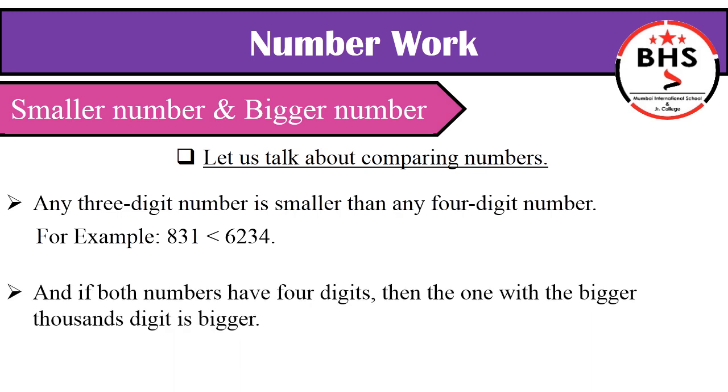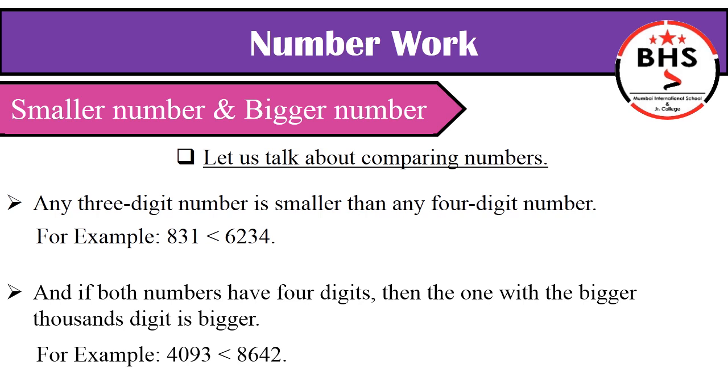And if both numbers have 4 digits, then the one with the bigger thousands digit is bigger. For example, here 4093 and 8642 both are 4-digit numbers. So, to find which number is a bigger number and which number is a smaller number, we'll compare the digits which are at the thousands place in both the numbers.